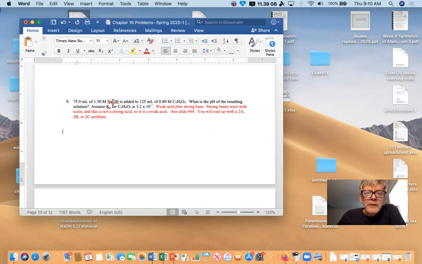And because this is a strong base, our only other possibility is for this to be a weak acid. And we know it's a weak acid because we've got Ka. So this is going to be a weak acid plus a strong base titration.